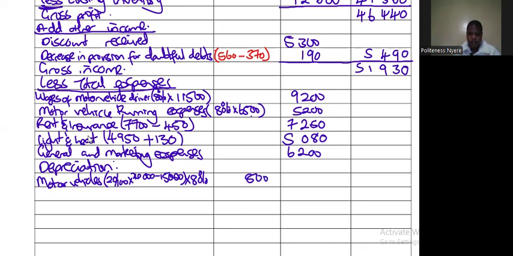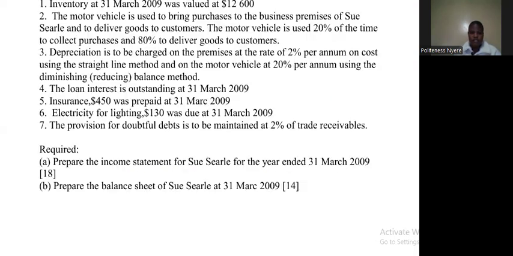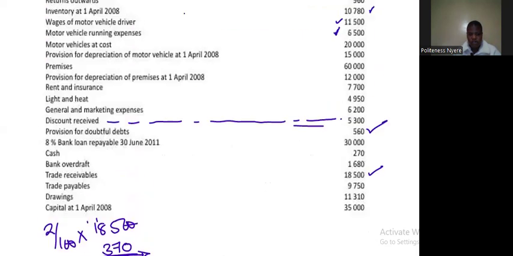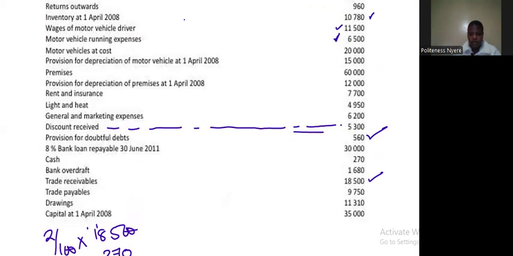So I can write it in the first column. Then we want the depreciation for premises. It's 2% per annum depreciation of premises using the straight line method. Premises are worth 60,000.